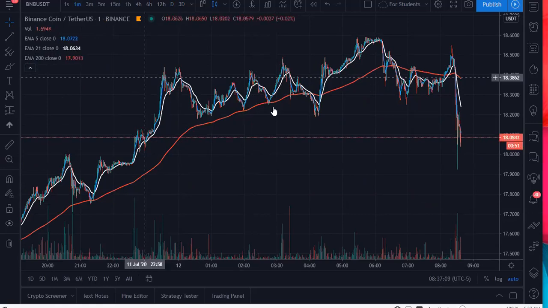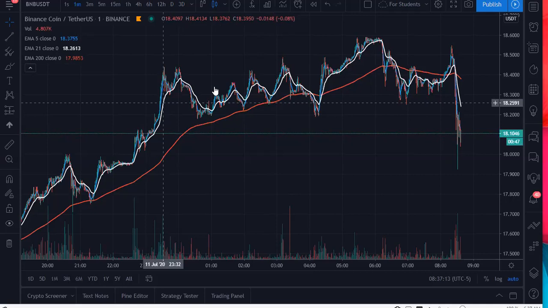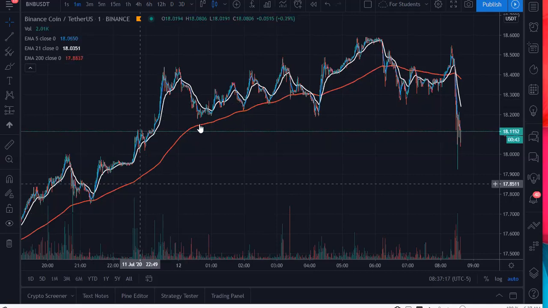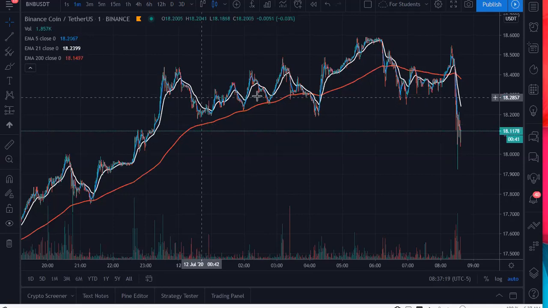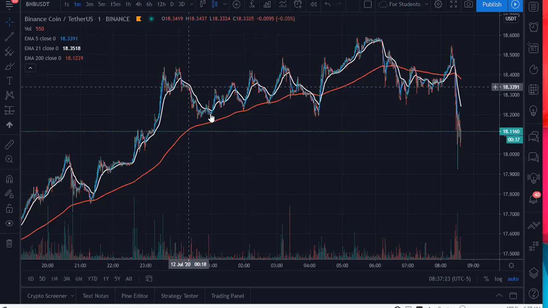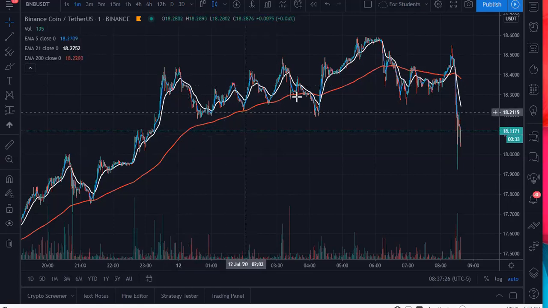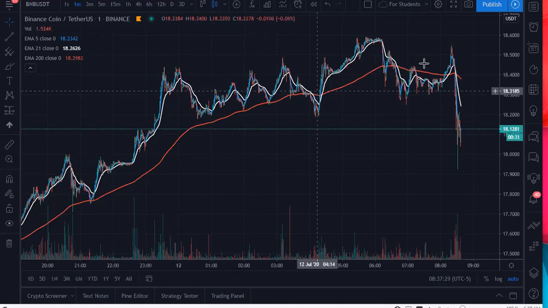On the shorter time frames, it's still going to be touching these and going toward these. But on the higher time frame, it will drag the moving average toward it. As you can see, it stalled right here, and it stalled right here, and it started to come down, but it stalled long enough that the 200 EMA had a chance to catch up.